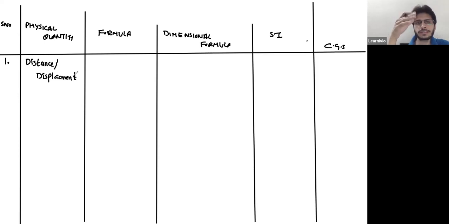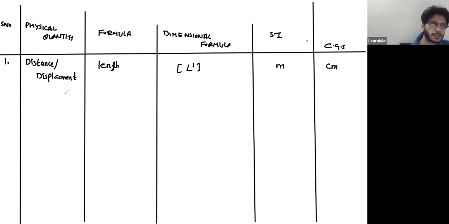But as far as dimensions are concerned, we consider both as the same quantity. Both are length, so we don't need any formula to write dimension. Dimensional formula is L1. The SI unit is meter, CGS unit is centimeter.